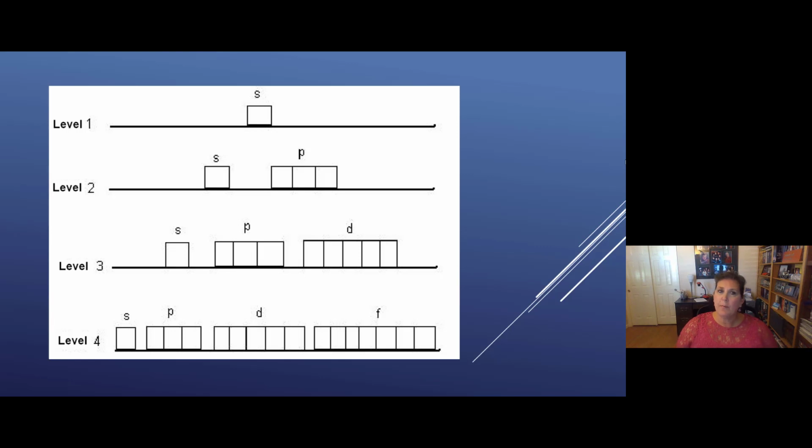So I call this the money picture because we ask a lot of questions about it. For example, how many sublevels are on level 3? Well, 3, right? An S, a P, and a D. Those are the sublevels. S, P, D, there's 3 of them on level 3. How many orbitals are on level 2?